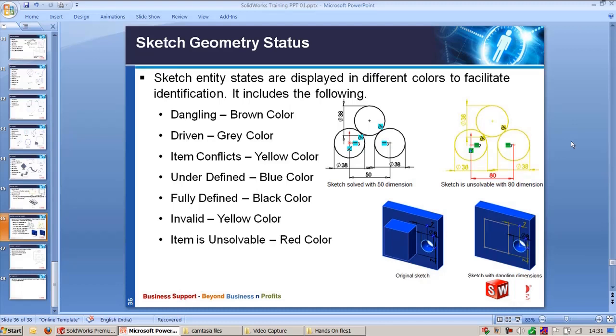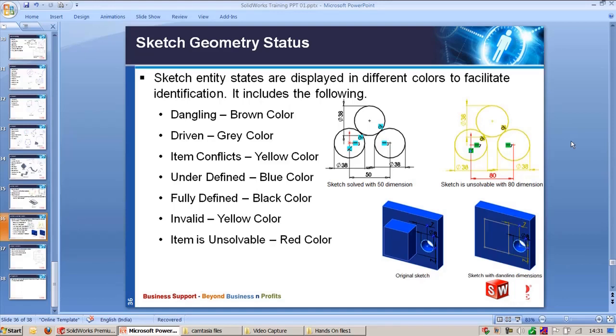Dangling dimensions will be shown in brown color, and the driven dimensions will be shown in gray color. Similarly, we can have different representation for invalid geometry, unsolved conditions, and which is not able to define fully, that is underdefined. Everything will be represented in different colors.